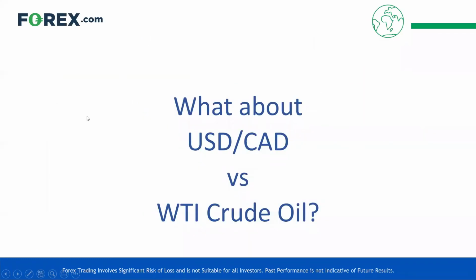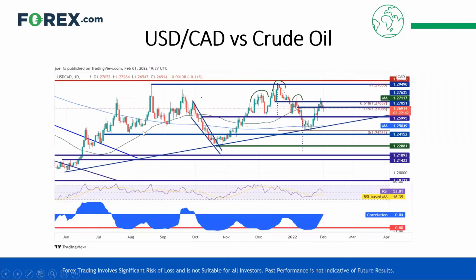So a lot of people talk about dollar CAD and oil, right? They say that if crude oil is moving higher, then dollar CAD is moving lower, a strong inverse correlation. However, this shows that is not the case.